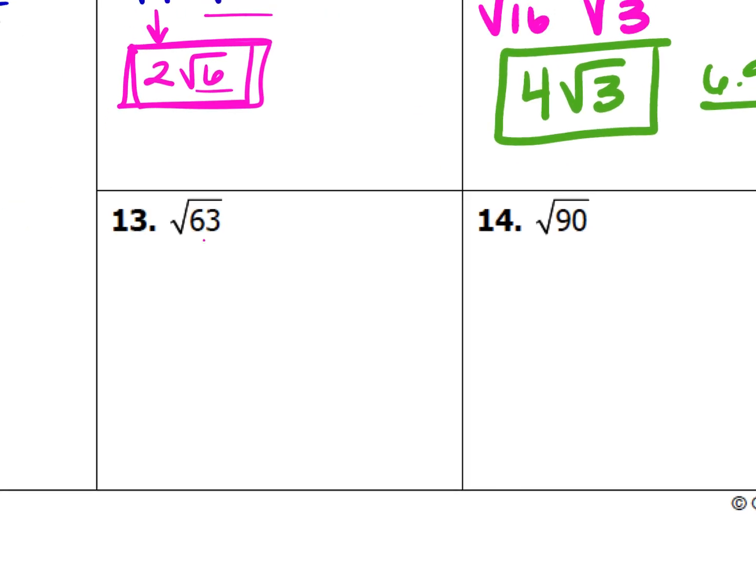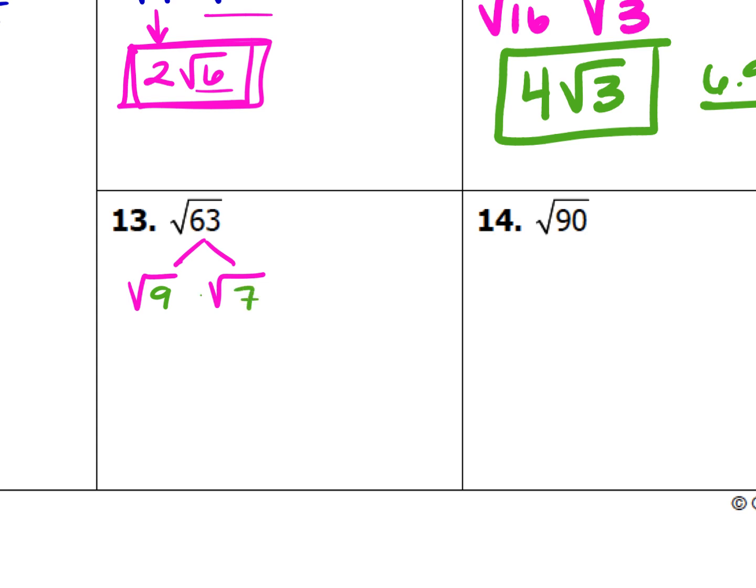Okay, look at your list of numbers, all your perfect squares. What perfect square is 63 divisible by? 63 divided by 49, 36, 25. What do you get? 9. Okay, and when you plug that in, 63 divided by 9, you get what number? 7.